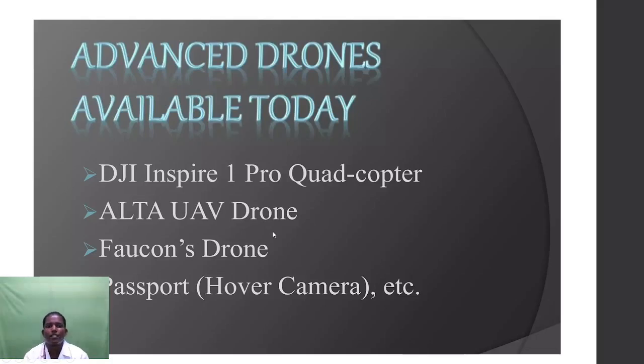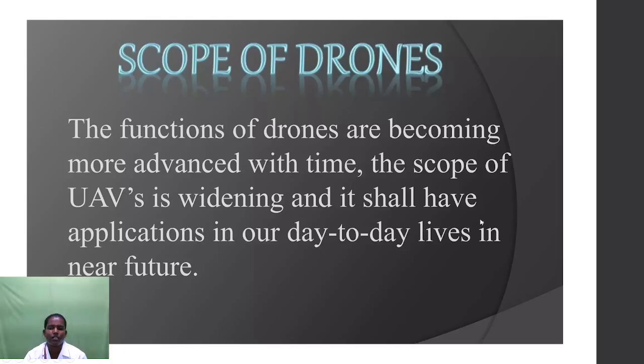Now in recent days we are using the DJI Inspire 1 Pro quadcopter, which has 4 propellers, and the AL UAV drone and Falcon drone. For camera coverage, when we need to record a video and the drone needs to stay stable in that particular place for hours, we use the multi-rotor drone for the purpose of covering security footage.